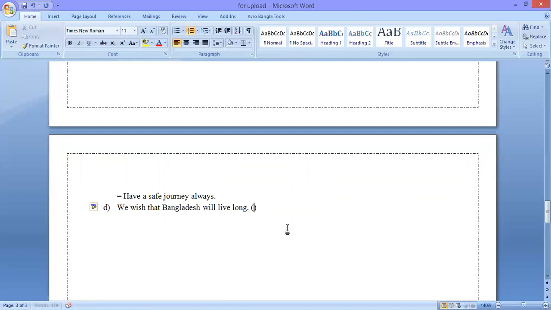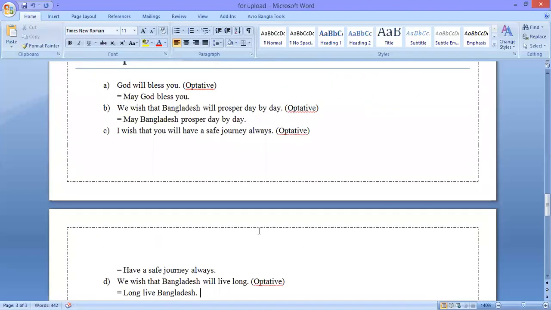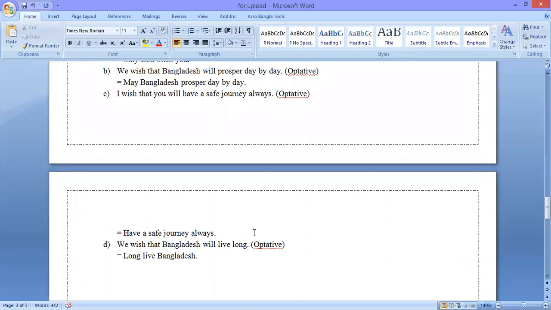If you want to make this optative, we have to write long live Bangladesh. It indicates that sometimes we can make an optative sentence without using may. So these are two examples by which we can understand that sometimes we can make an optative sentence without may at the beginning of the sentence.